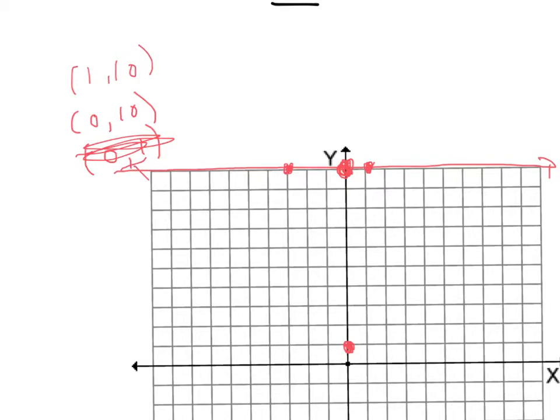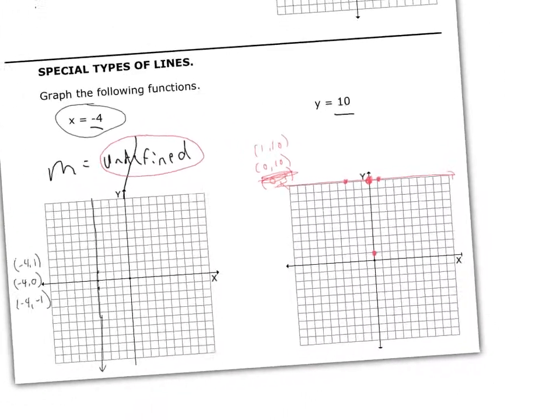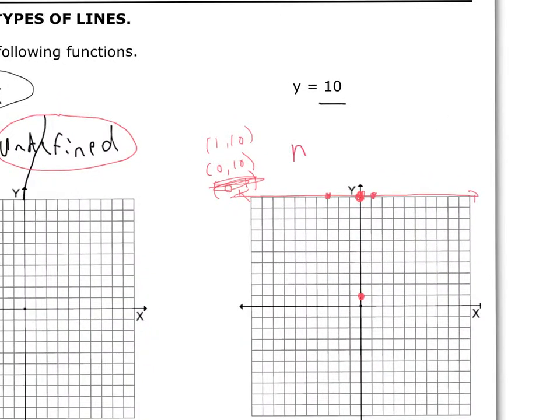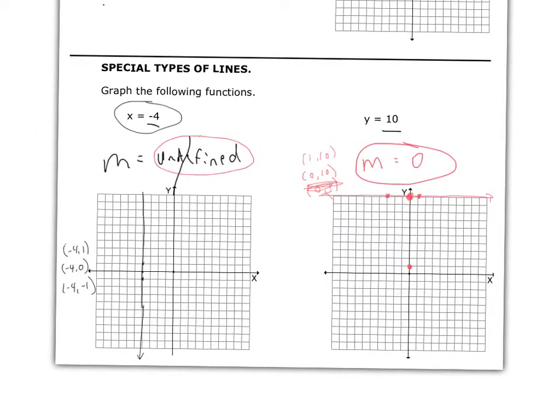And what do we know about horizontal lines and their slope? Their slope is always 0. So when you have y equals a number, your slope will always be 0. Make sure you have that down.